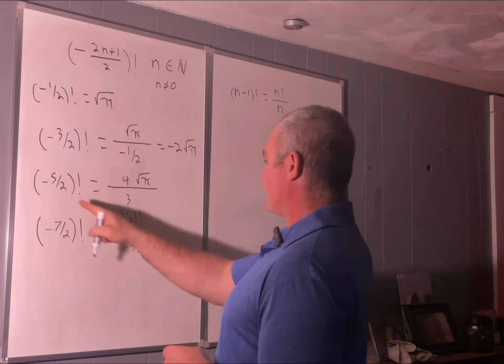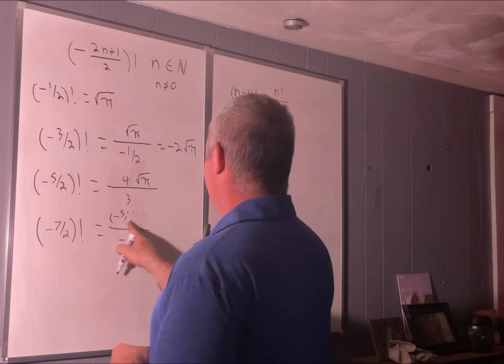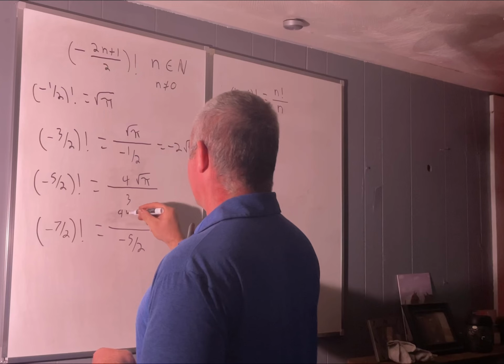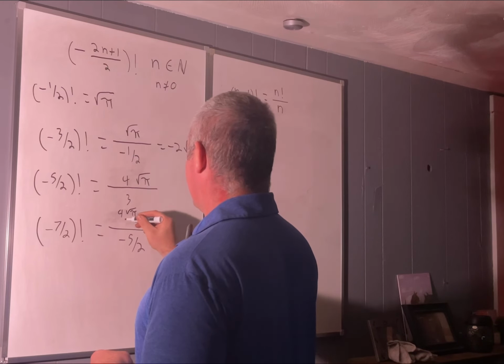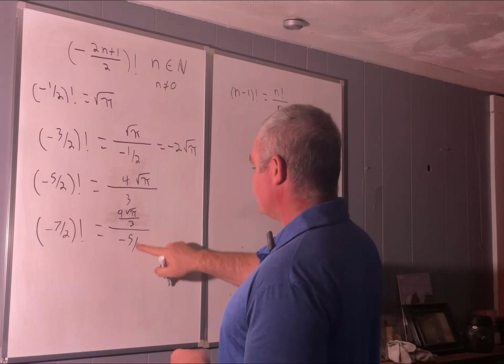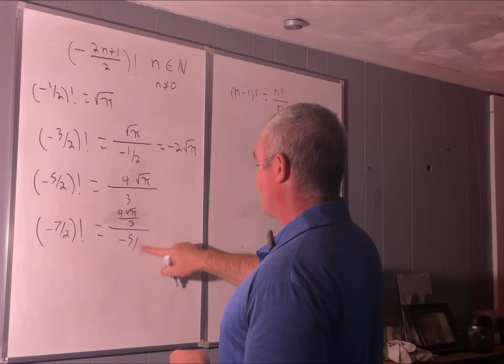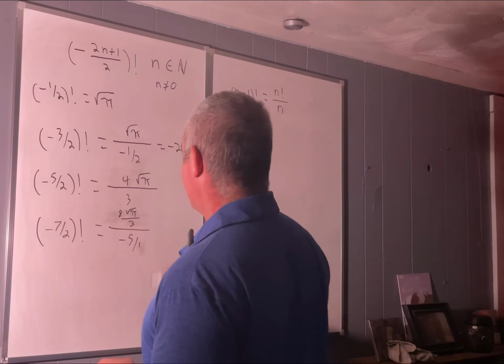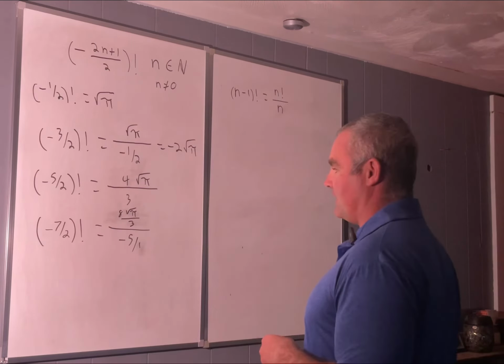We know from our previous result that this is 4 square root of pi over 3. Multiplying the top and the bottom by 2 gives us 8.